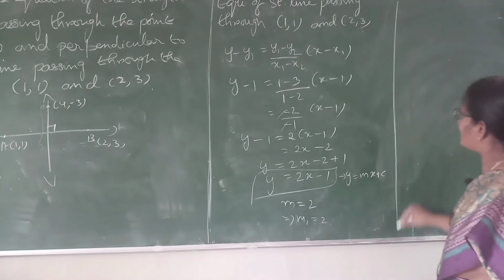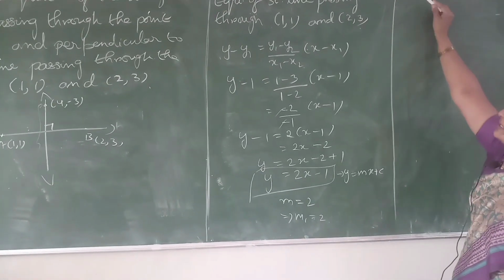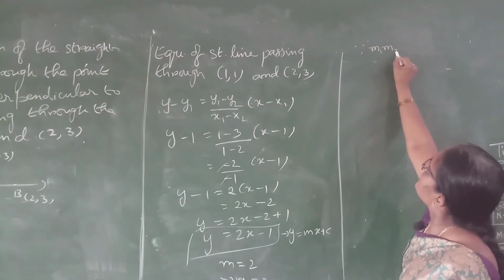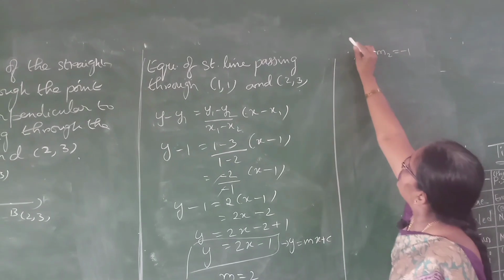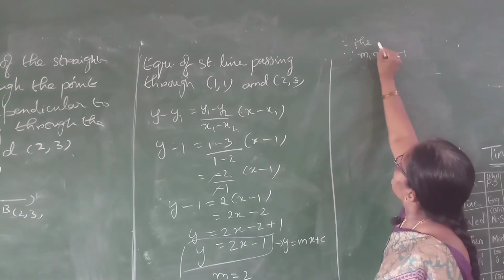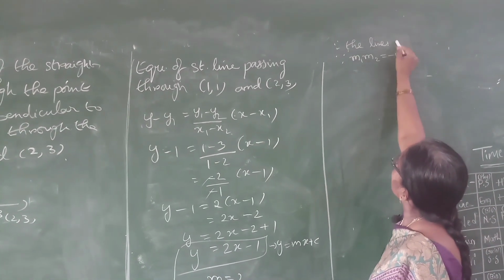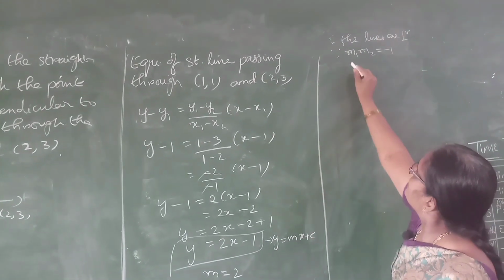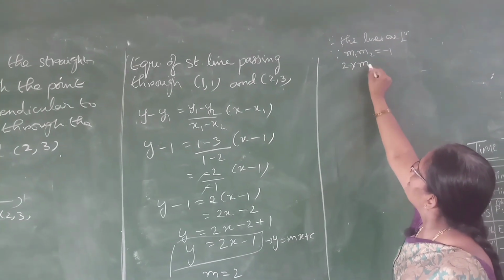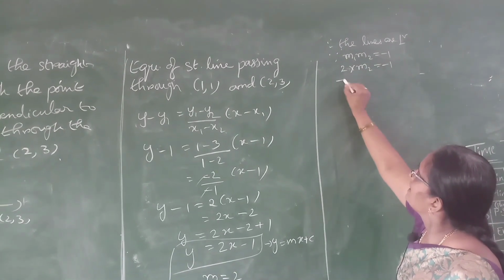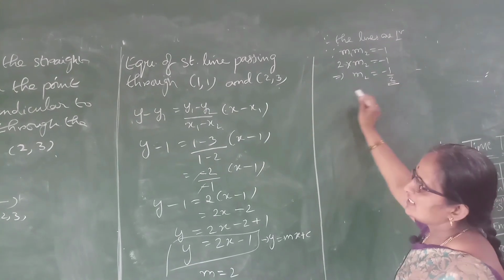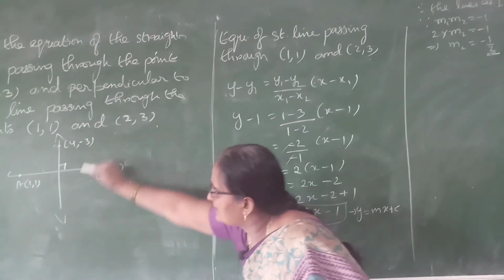Now what is the condition given? It is given that it is perpendicular. Since the lines are perpendicular, m1 m2 is equal to minus 1. So what is m1 here? 2. 2 into m2 equal to minus 1, which implies m2 is equal to minus 1 by 2. This is the slope of this particular straight line.